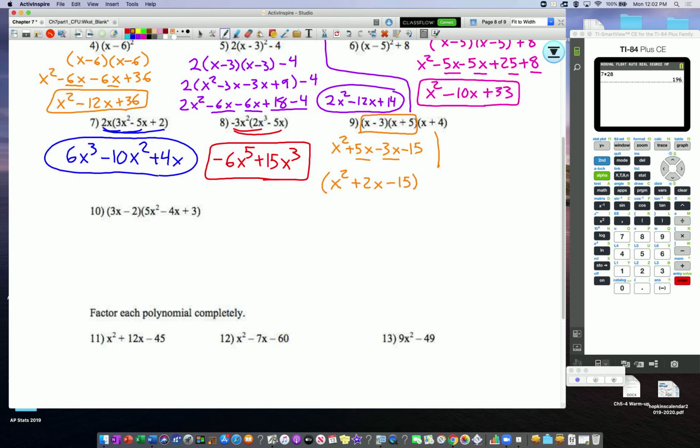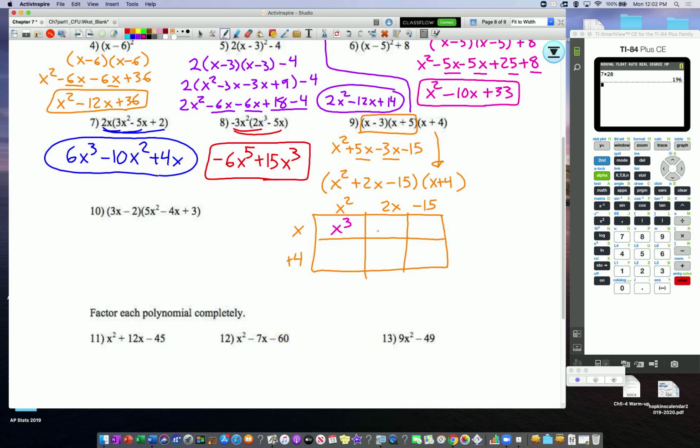Now this has to be multiplied by x plus 4. So now I got to do the box method, because I have 3 terms times 2 terms. So I can't FOIL here. So now, let's multiply these together.